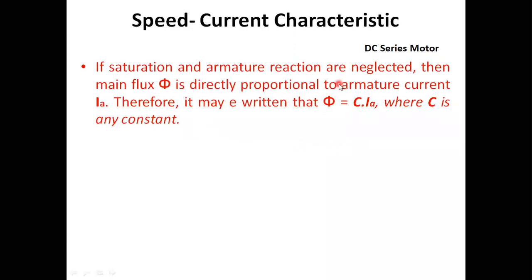If saturation and armature reaction are neglected, then main flux in case of series motor is directly proportional to the armature current Ia. Therefore, we may write that phi is equal to C into Ia, where C is a constant.